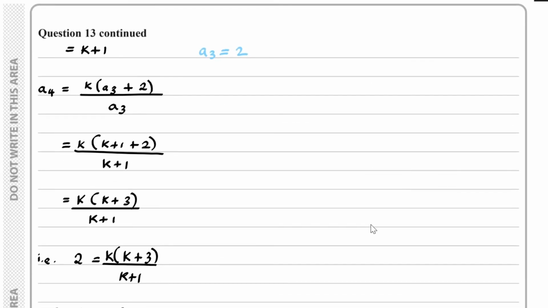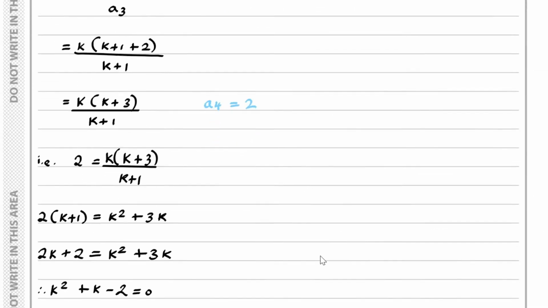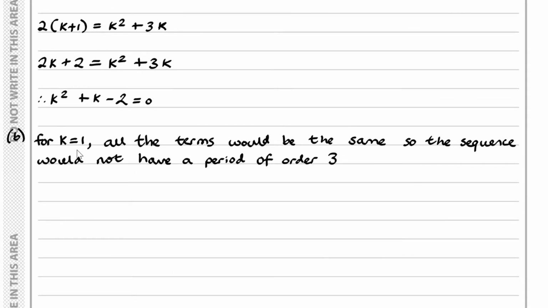And our fourth term is 1 lots of 4 over 2, which is 2. What we see here is that when k is equal to 1, all the terms are the same.